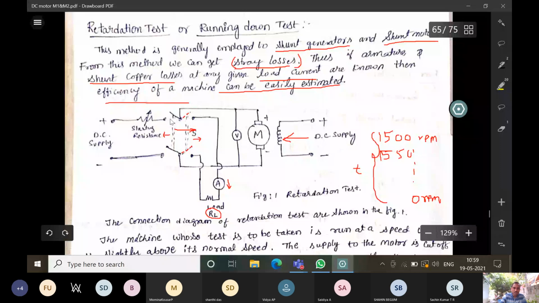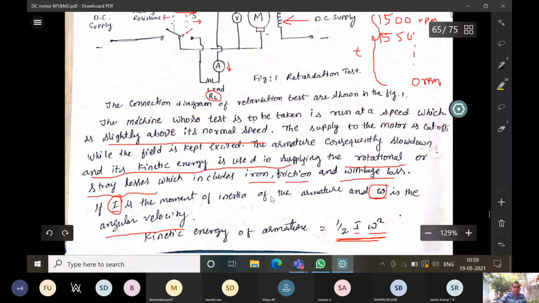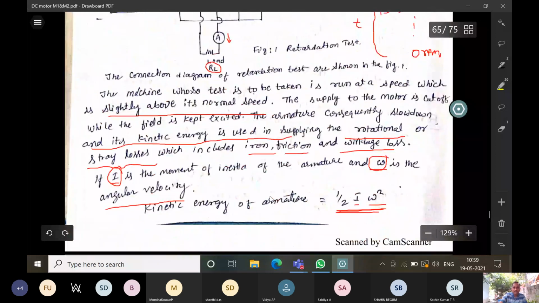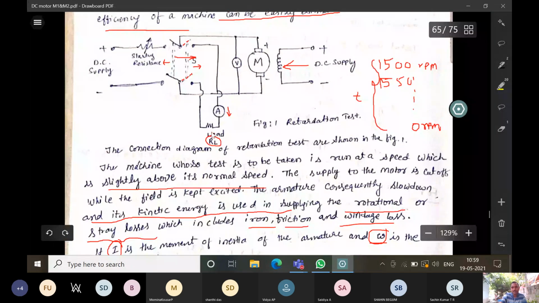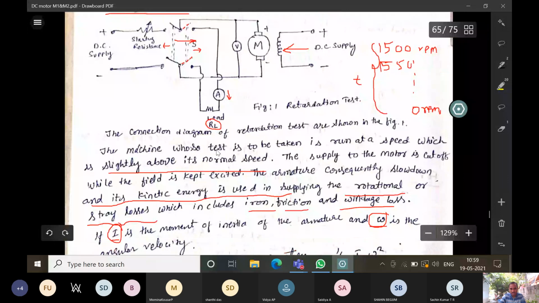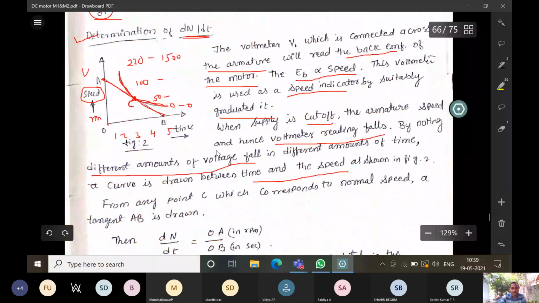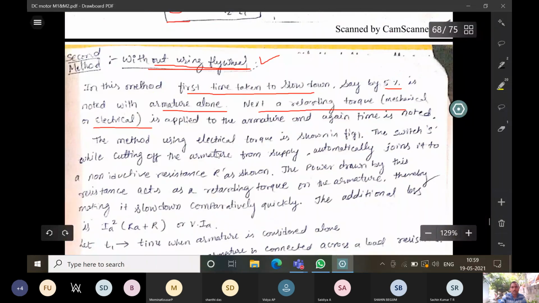Switch off the motor, connect it to the load side, and note down the readings. You can connect either a mechanical load or an electrical load, that is a resistance.